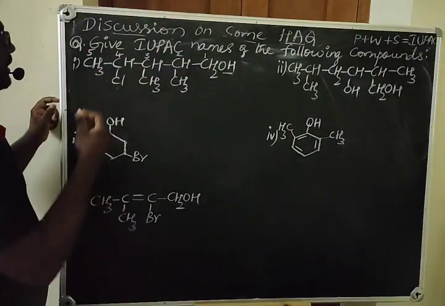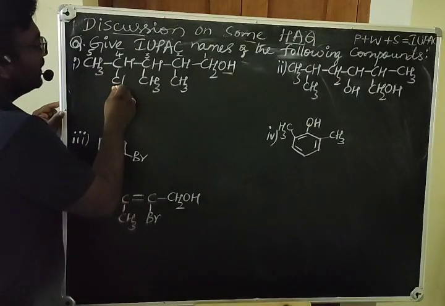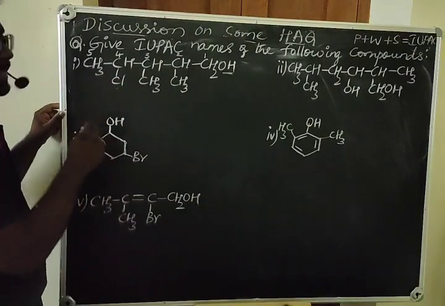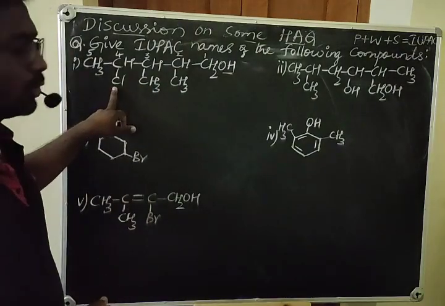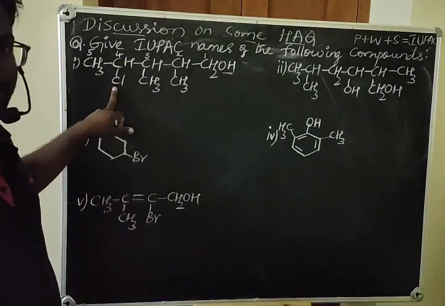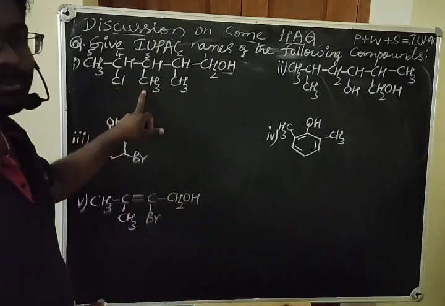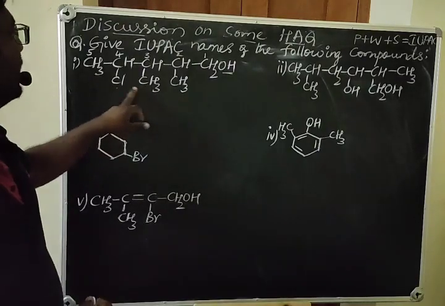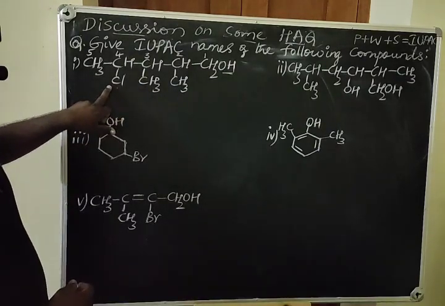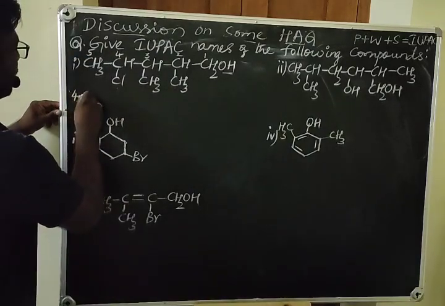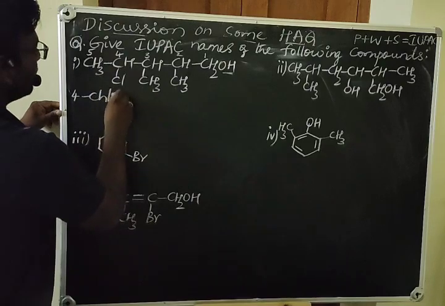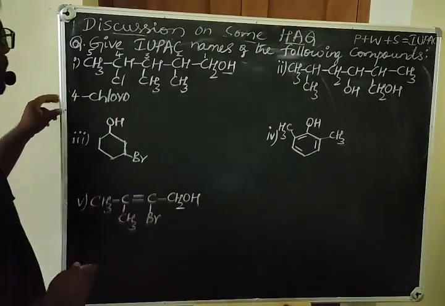Here the prefixes are Cl, which is chloro, and CH3, which is methyl. C of chloro comes first alphabetically, then the M of methyl. What is the position of this chloro? 4. So we can write 4-chloro.